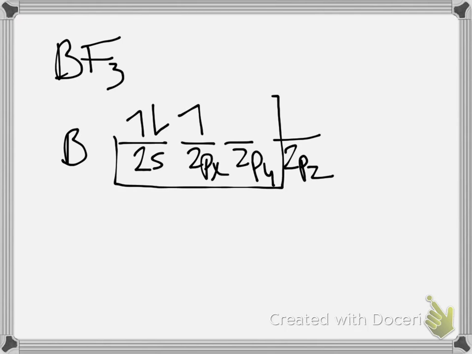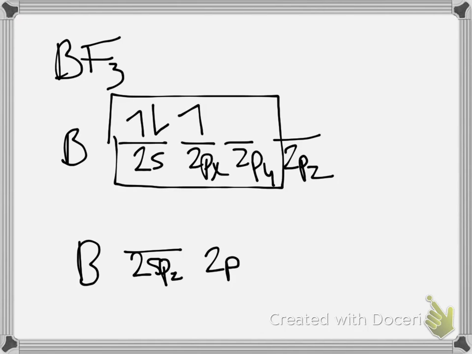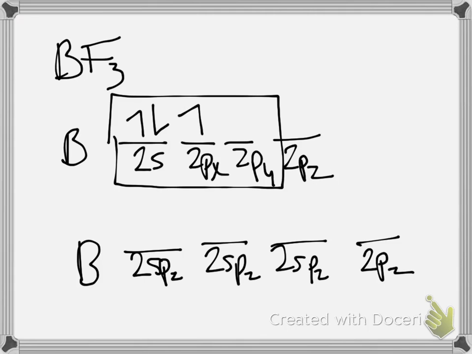These 3 are going to get mushed together, and boron's going to come out with a 2sp2, 2sp2, 2sp2, and then it'll still have its little 2pz that nobody invited to play and doesn't have any electrons anyway. And each of these has 1 electron, yes?